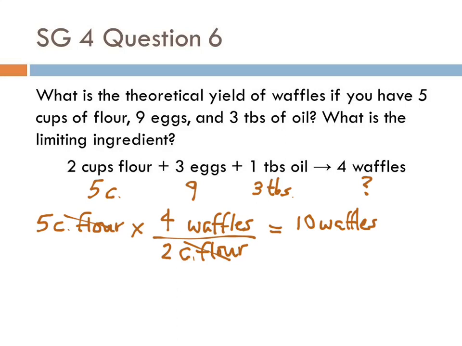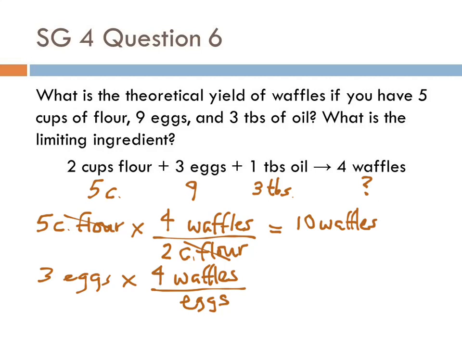What if we use up all the eggs? Well, we've got 3 eggs, and we're going to get, well, let's just be consistent. Put the units in first. Waffles for how many eggs? Well, the recipe says 4 waffles for every 3 eggs.